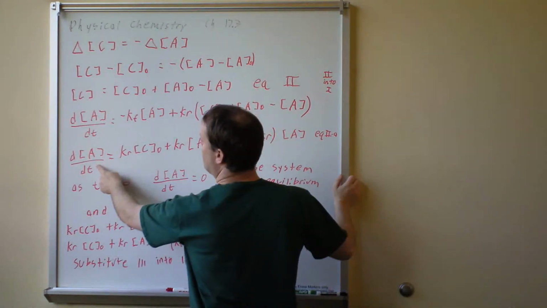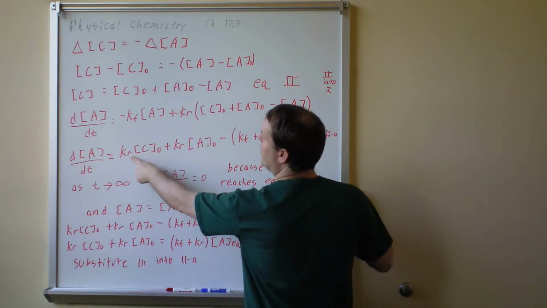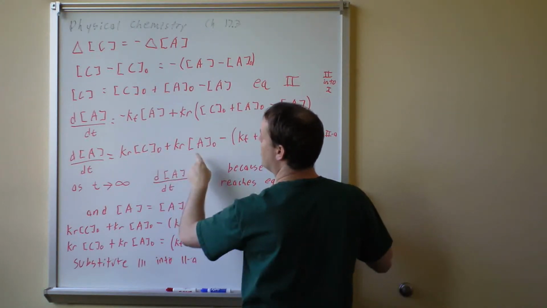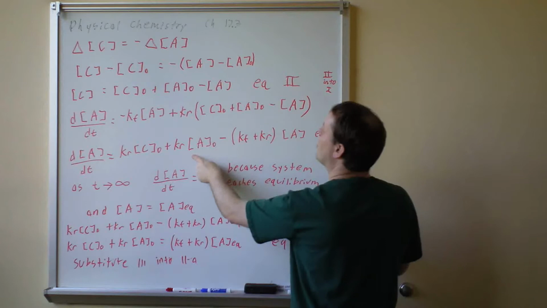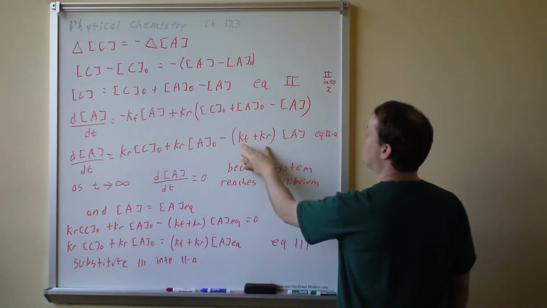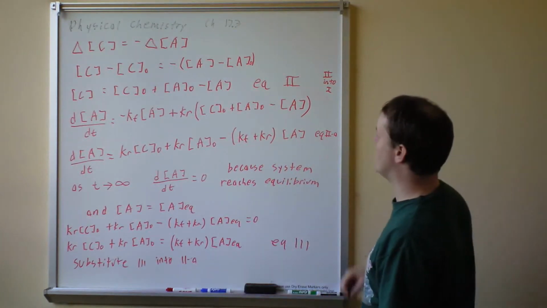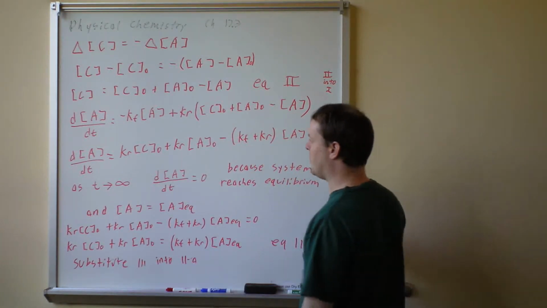We get the derivative of the concentration of A with respect to time is equal to the reverse rate constant times the initial concentration of C, plus the reverse rate constant times the initial concentration of A, minus the two rate constants added together times the concentration of A. We're going to call this equation 2A for future reference.